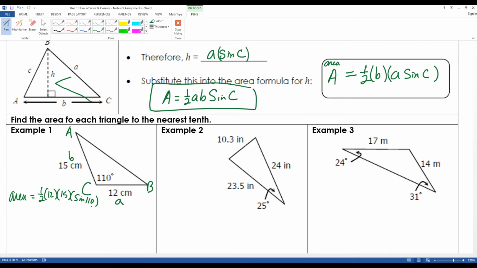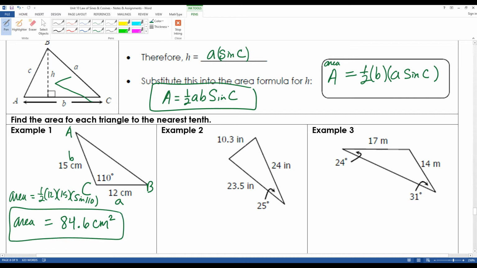I do the sine of 110 times 15 times 12, and I could say divided by 2, or I could just say times 0.5 because it's 1/2, and I get the area is equal to 84.6 centimeters, and since it's area, it's centimeters squared. I write out area just so not to be confused with an angle.